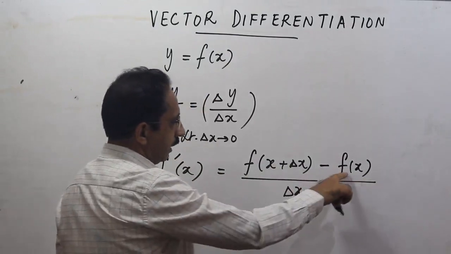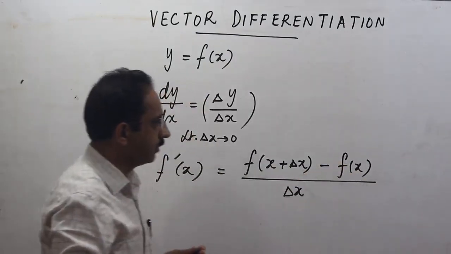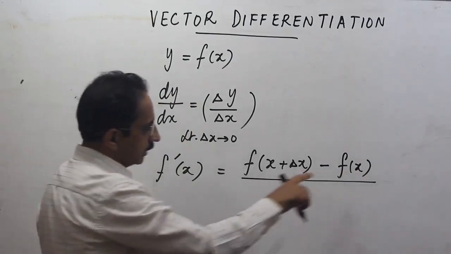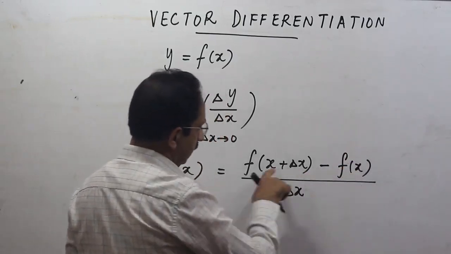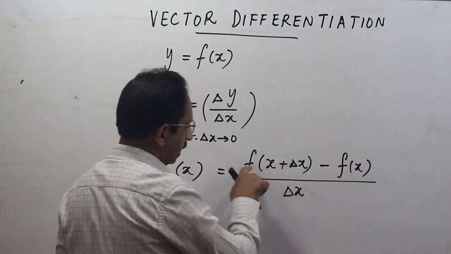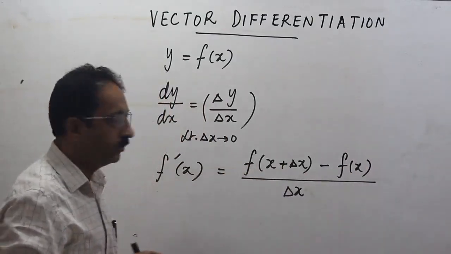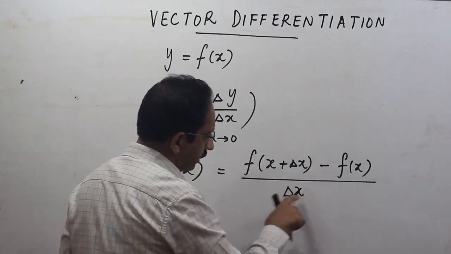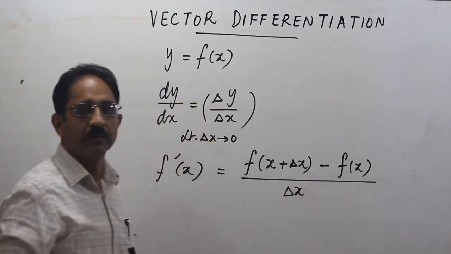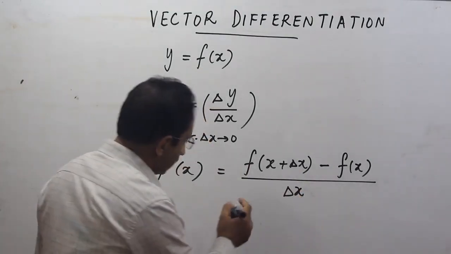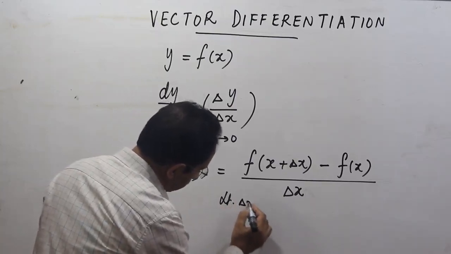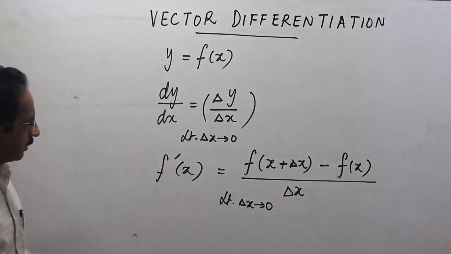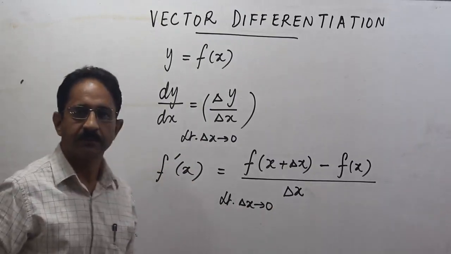So I have the value of this function at some point of the domain, at some value of x, then I give an increment to x, it becomes x plus delta x, the function acquires a new value, we find the change in value of the function, divide by the change in value of the independent variable x, and this ratio, such that limit delta x tends to 0, gives us the derivative of this function at a particular point.